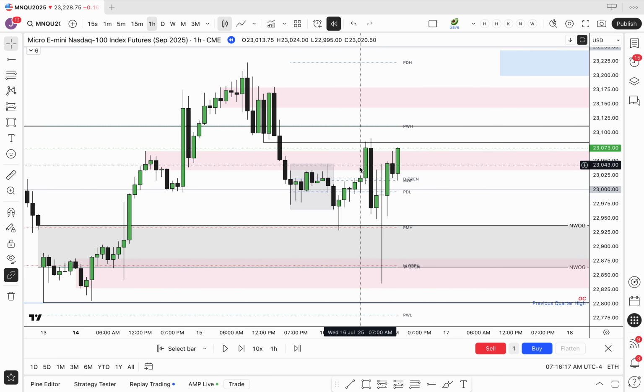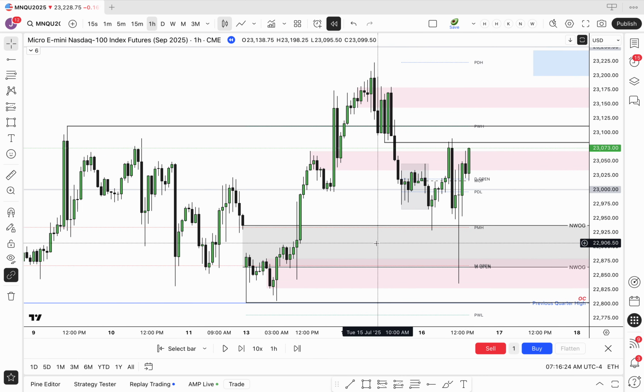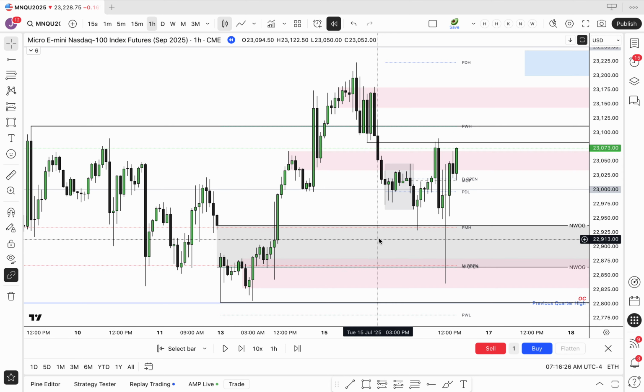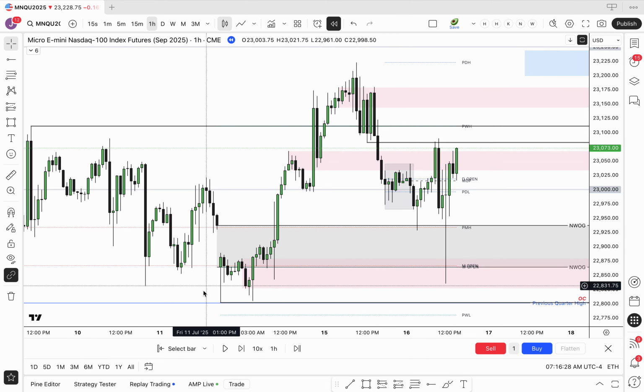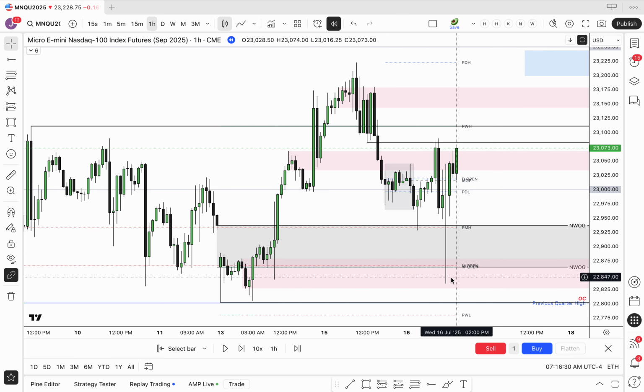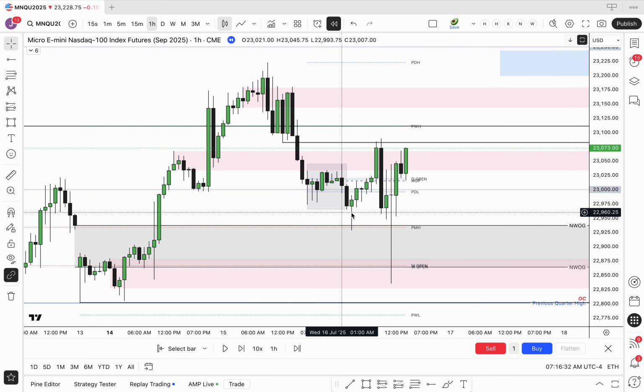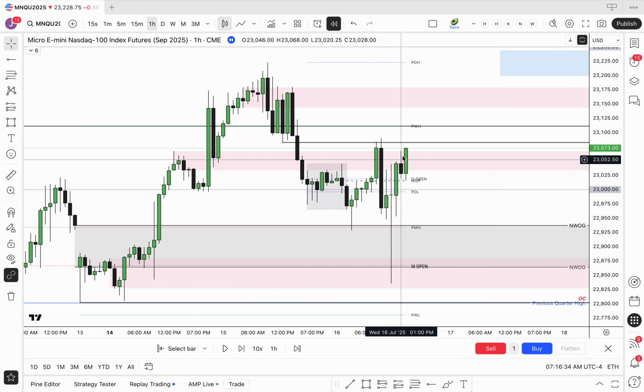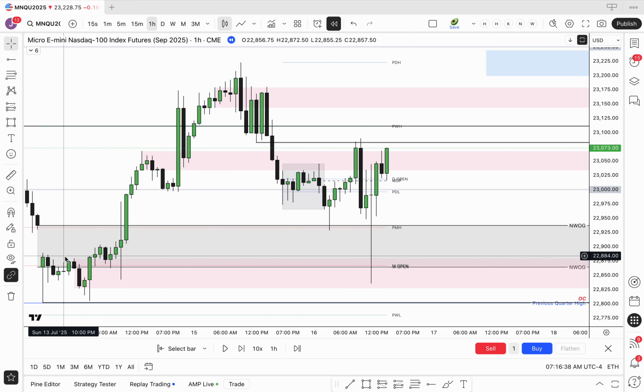Okay. So we run up and then we drop lower into the new week opening gap. So we have the buy model, we have the sell model. The sell model doesn't complete. And then we start to shift. We start to have a change in the state of delivery here. Okay.